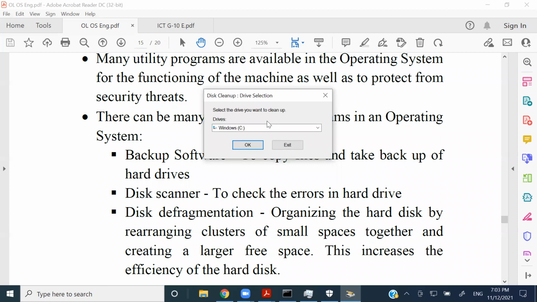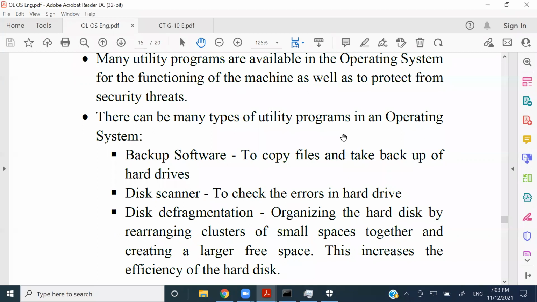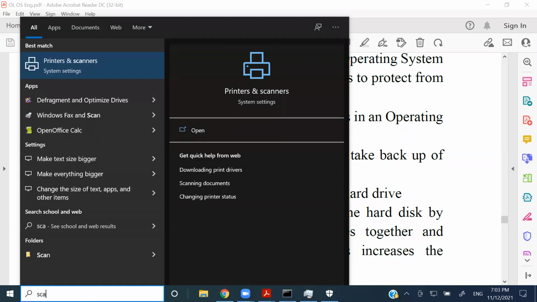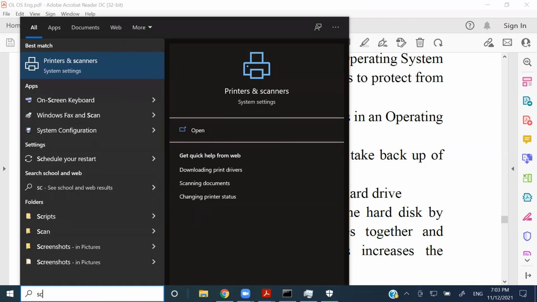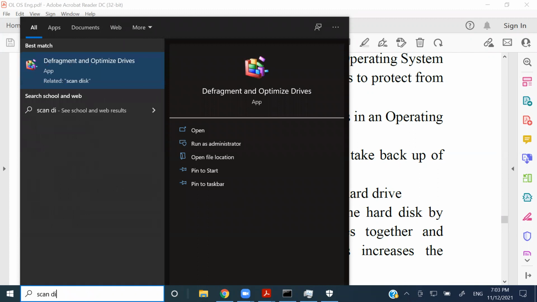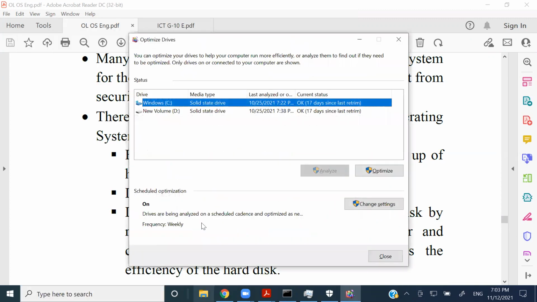It will ask which drive I need to do the disk cleanup on, and once I press OK, it will check for the errors and the cleanup will take place. Earlier we had a program called disk scanner, but with Windows 10 we do not have something like that. Not here now, right? Hold on, let me look for a program called scan disk. Yeah, scan disk is somewhere here.